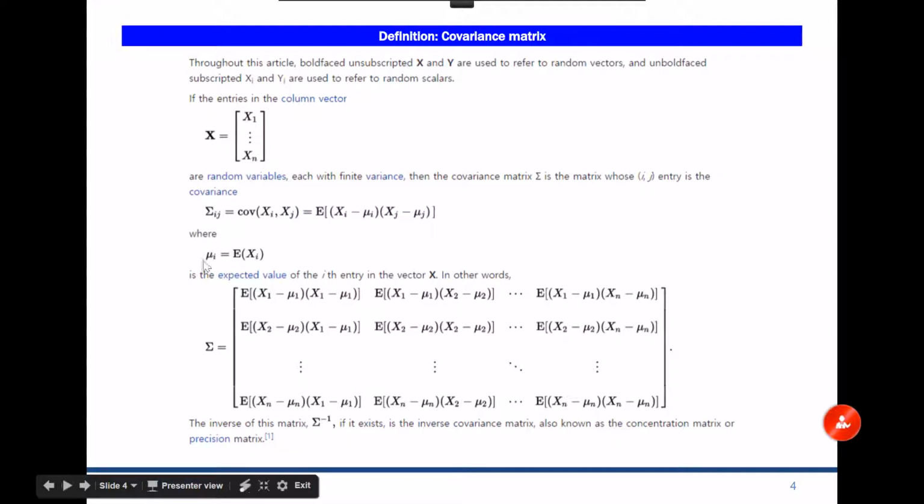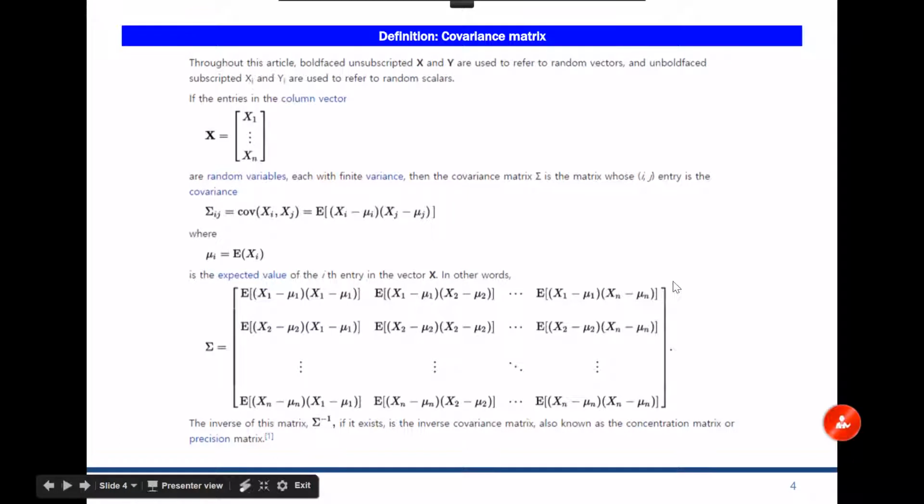So we can conceptually think of a big matrix, sigma, in which the element is the covariance between the ith variable and the jth variable, right? And this is called the covariance matrix. Usually, if we put the inverse over this one, of course, if it exists, it is called the inverse covariance matrix. Sometimes in finance, we call it the concentration matrix or precision matrix. This inverse is sometimes called the precision matrix.